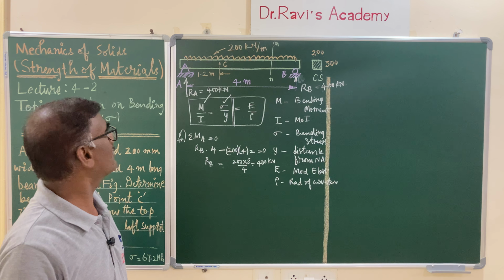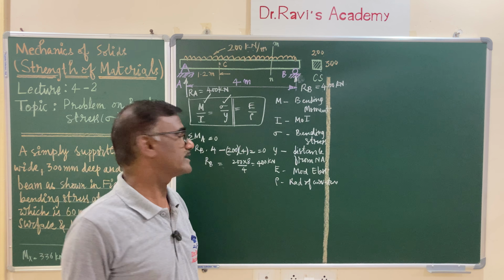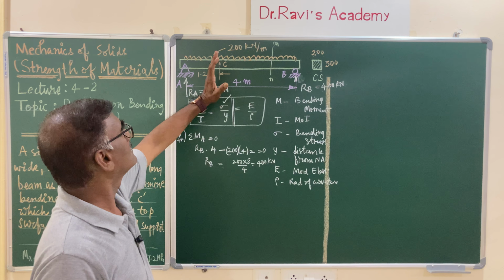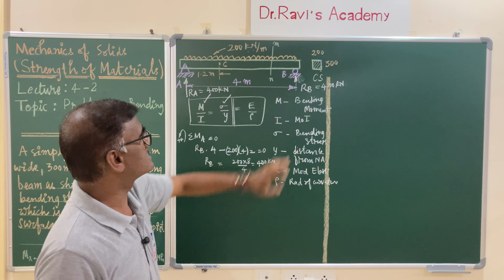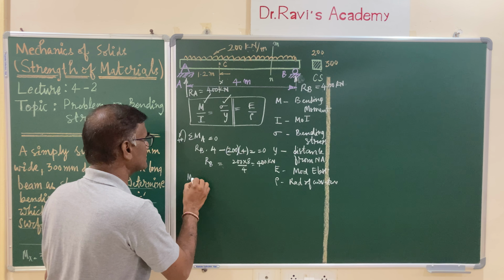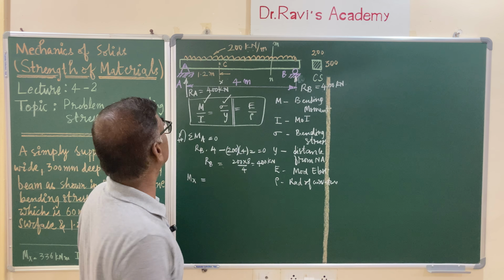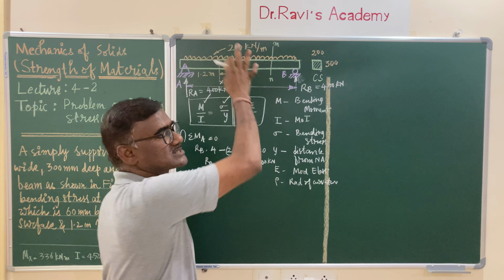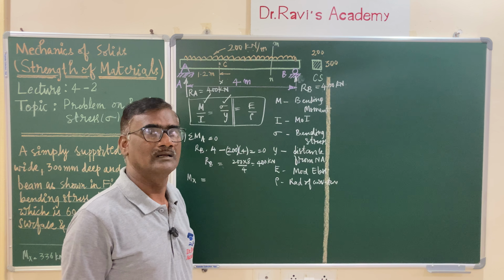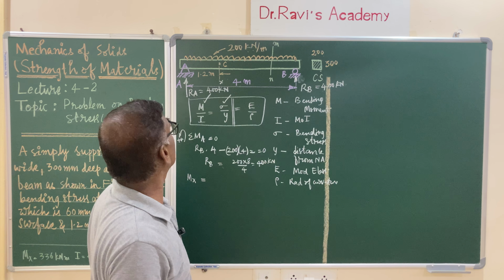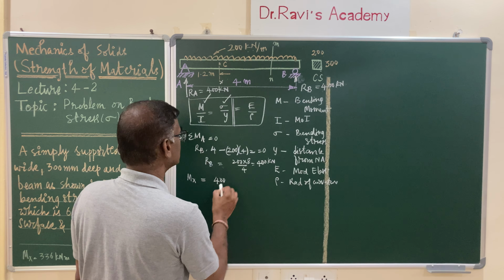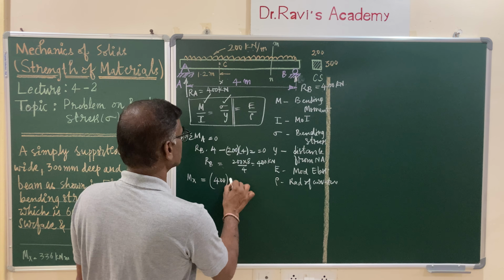The very first step of the problem is to find the support reactions. After finding RA and RB, write down the bending moment at a distance x. I am calling it Mx, which is equal to RA, contributing a sagging effect, which is a positive bending moment, or the smile effect, into x.